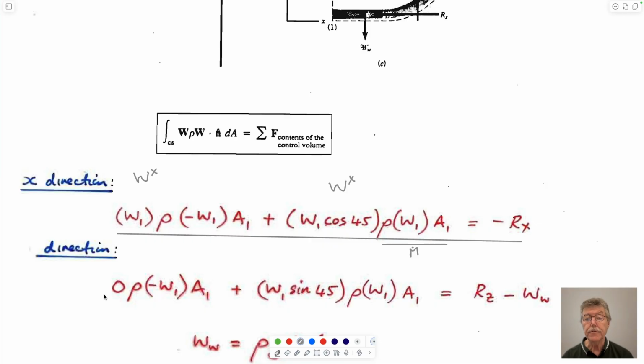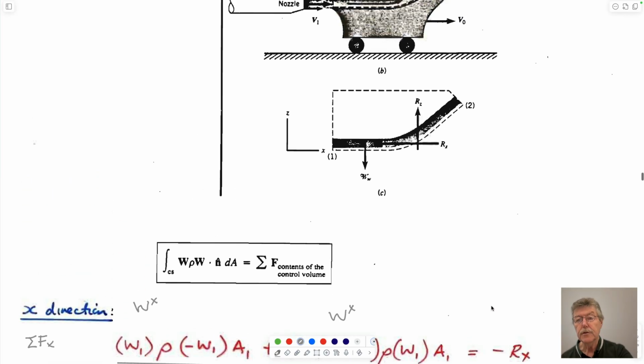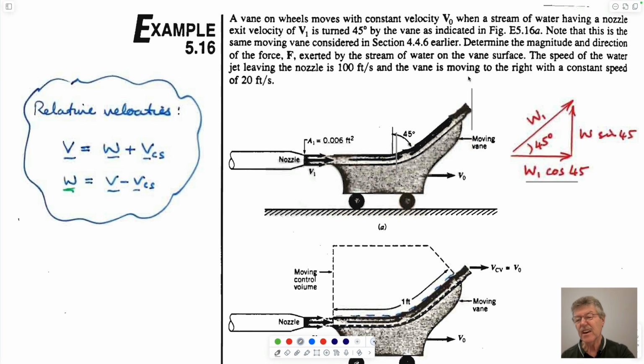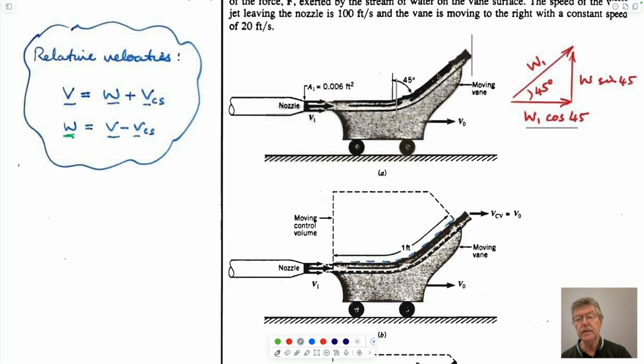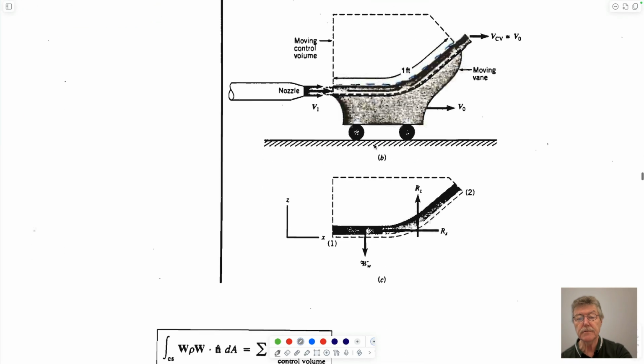And also we can resolve vertically. So we could sum forces in the z direction, in this case. There would be a portion of this reaction going upwards. You'd have the weight of the water pushing down. You'd have the weight of the trolley. And you'd have no component from this because it's orthogonal to this.